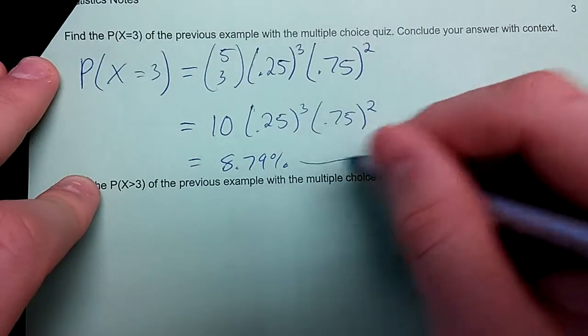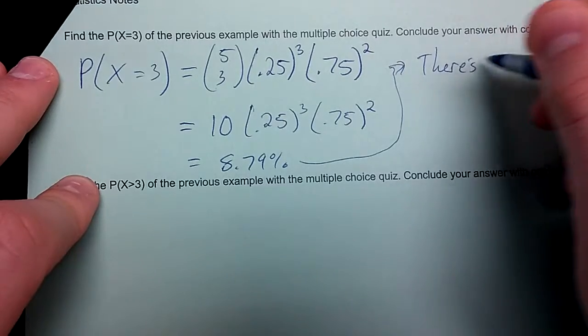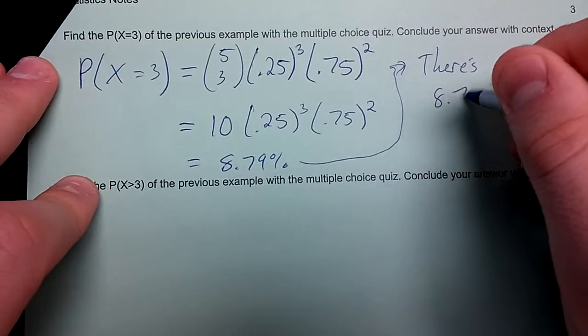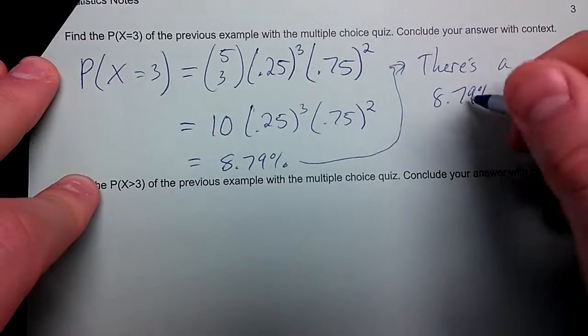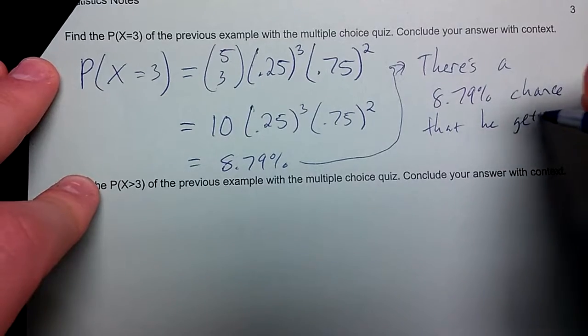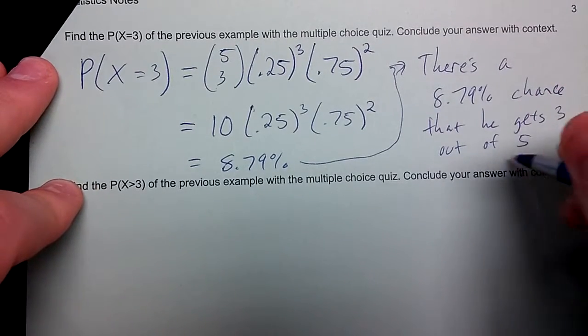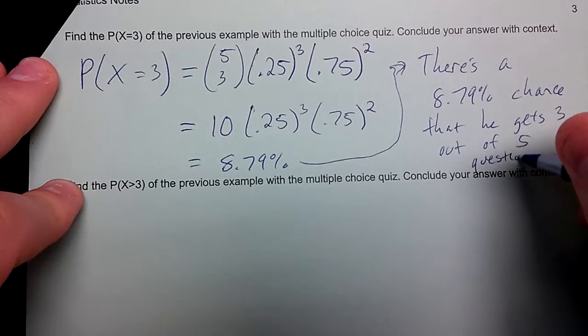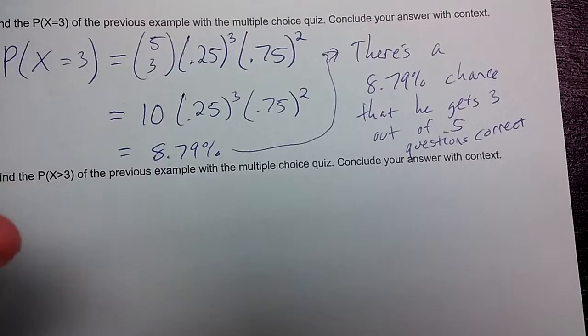You could simply say, there's a 8.79% chance that he gets 3 out of 5 questions correct. Very simple sentence if I ask for context.